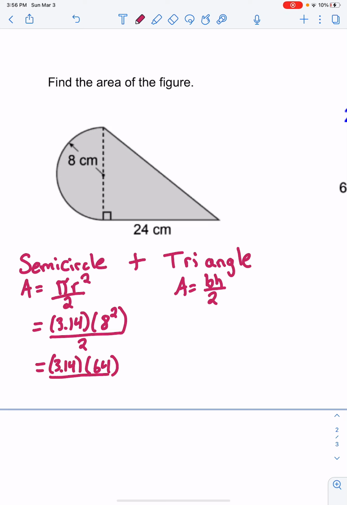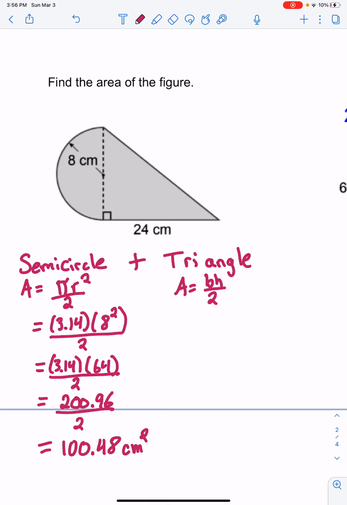Then 64 times 3.14 gives me 200.96. My last step is to divide that by 2, and that's going to give me 100.48 centimeters squared for the area of my semicircle.